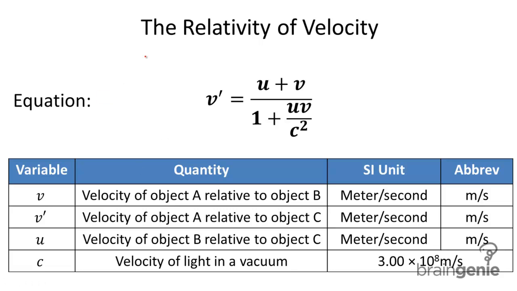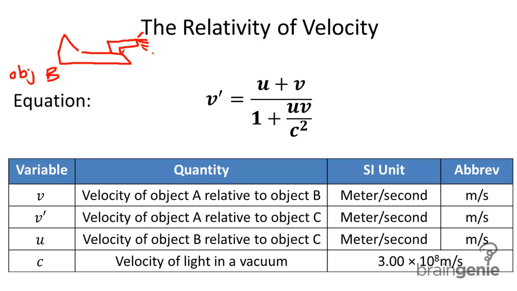Now, looking at an example. Let's say we have a spaceship. We'll call this spaceship B, object B. And on this spaceship is a flashlight.